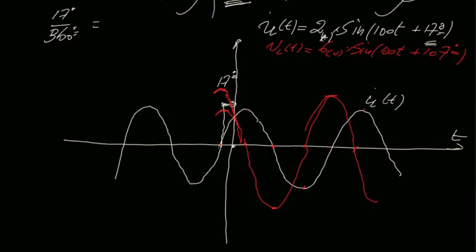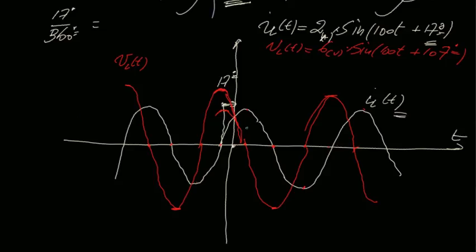So in red, I have the voltage, more or less. Okay, so this is VL of t in red, and in white is IL of t.